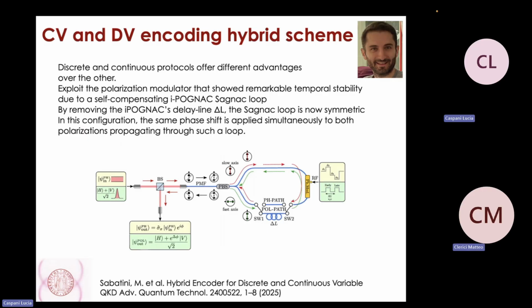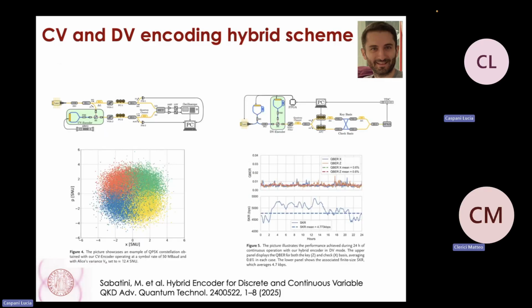We try to extend it toward mixed operation. So we have, for instance, here the scheme of the Sagnac loop with a switch so that it can operate as a polarization encoder, as well as an encoder for continuous variables when it is instead mounted in the symmetric configuration.